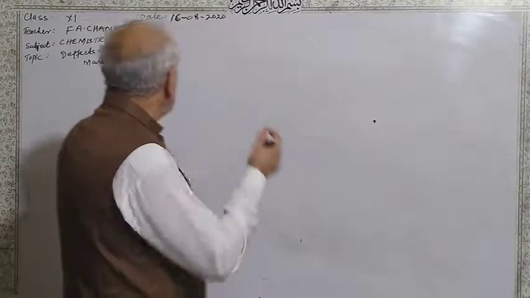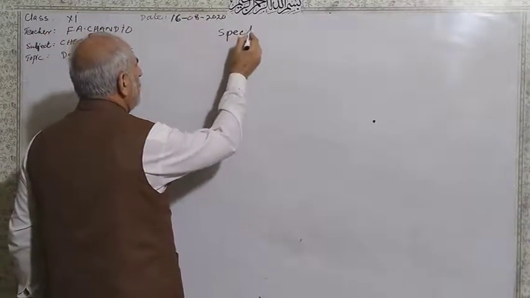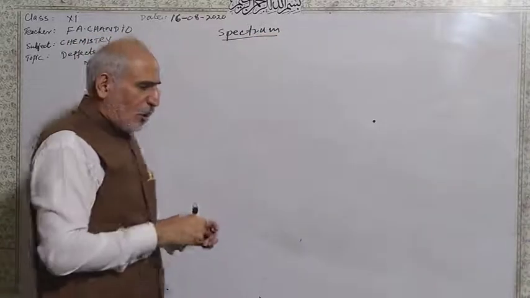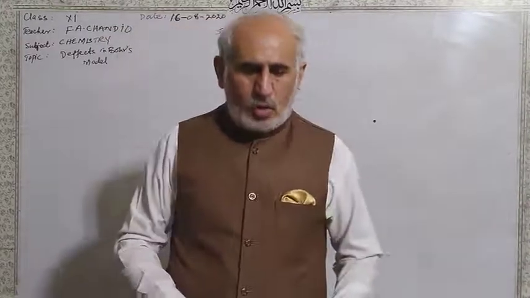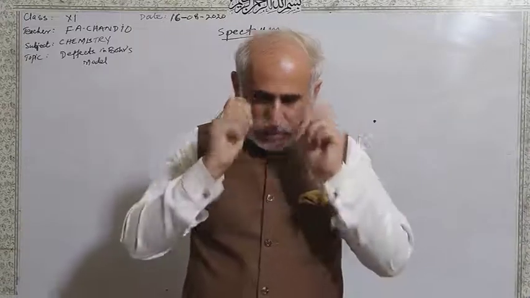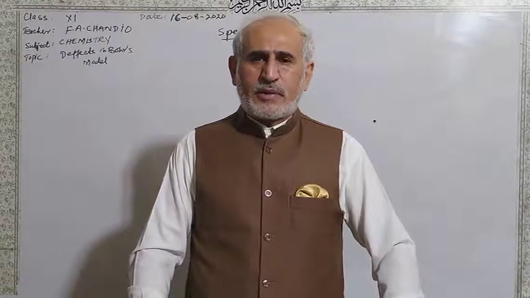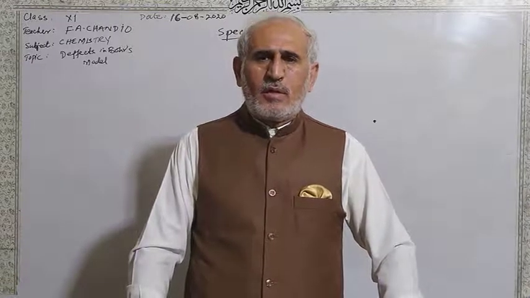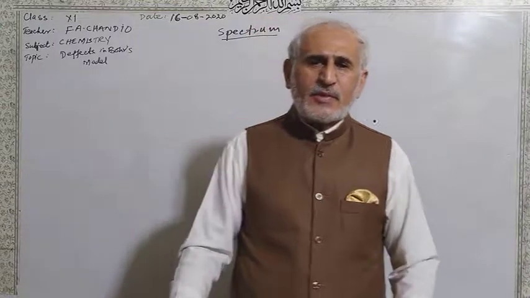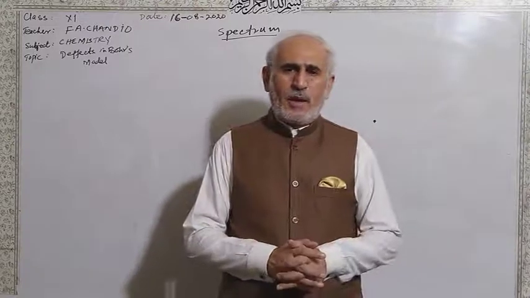First of all, maybe in the lower classes you learned what a spectrum is. Students, there are two types of spectrum: one is a visible spectrum and the other is called an invisible spectrum.